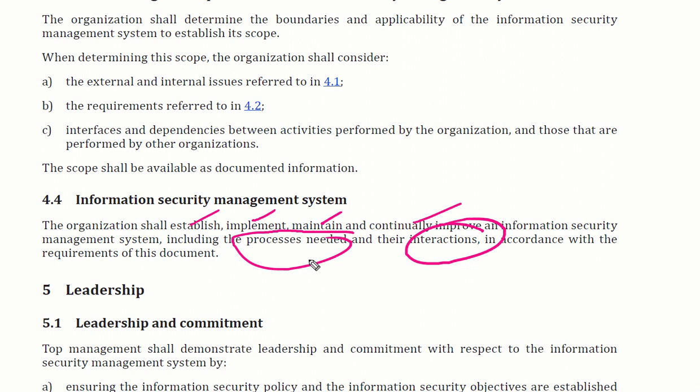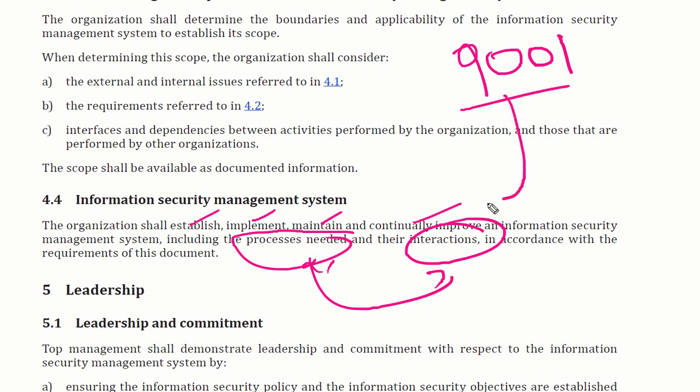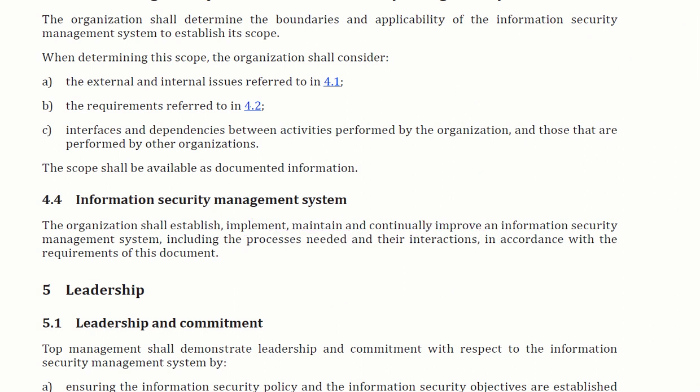Some of you may be aware of the ISO 9001 standard; these things were already incorporated in the ISO 9001:2015 standard, and they have taken this from there. Here you need to include all the processes and their interaction also. So this is one of the changes that has been made.